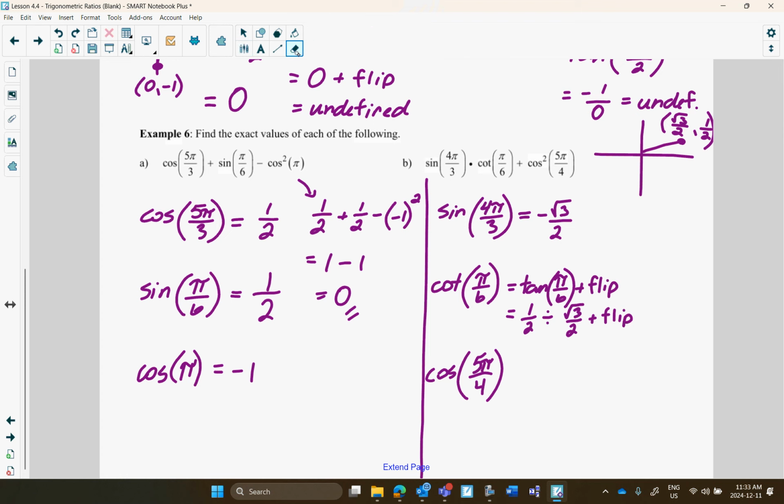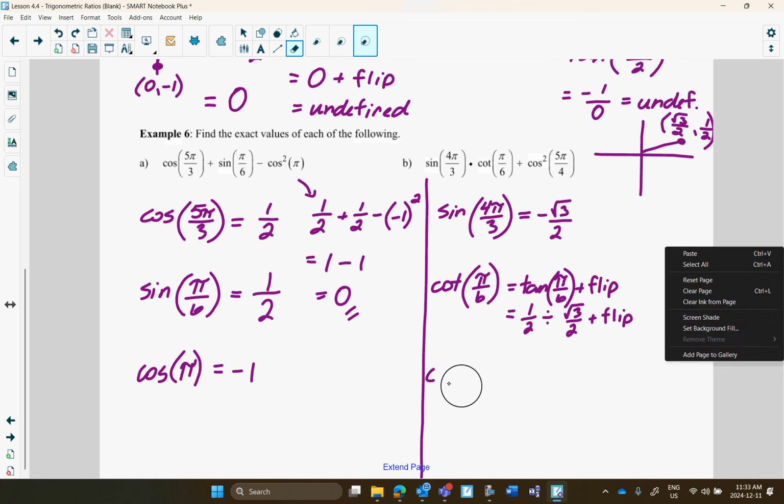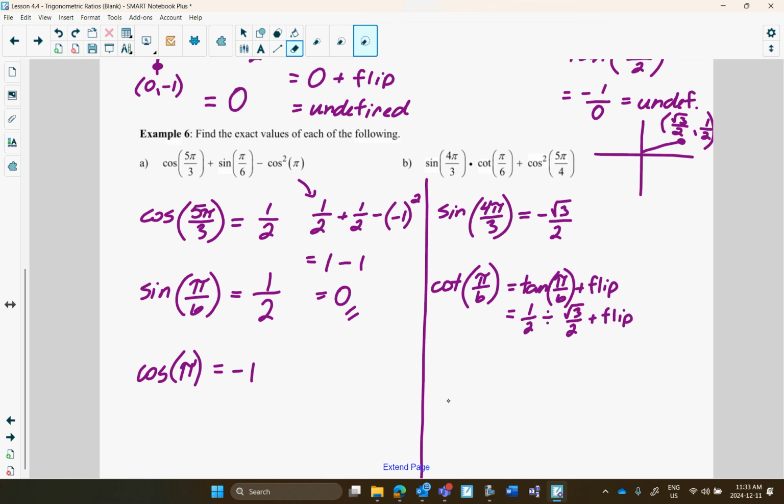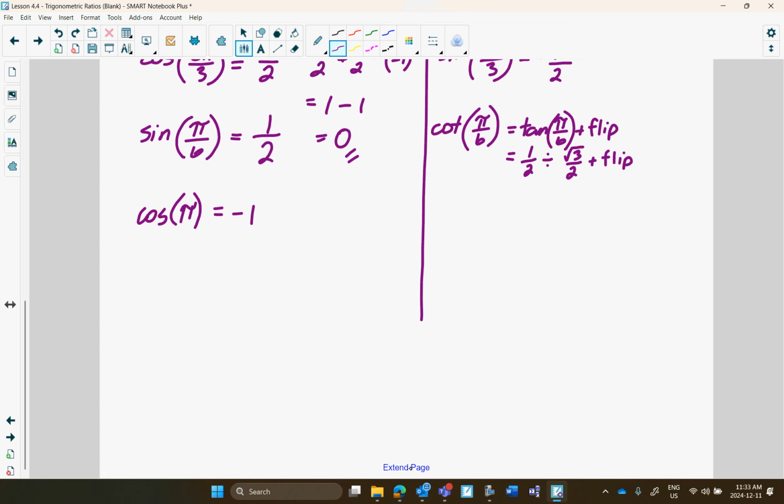I'm going to move this down actually a little bit, get it out of the way. So it's going to be 1/2 times 2 over root 3 and flip. 2's cancel above and below. So I get 1 over root 3 and flip, which means I get root 3.